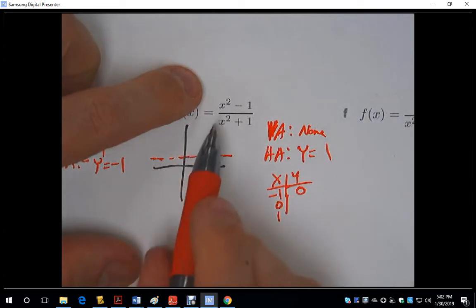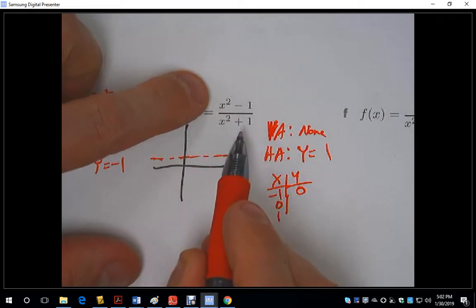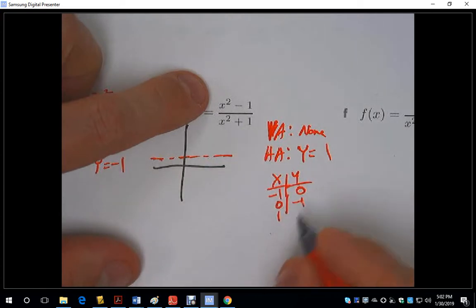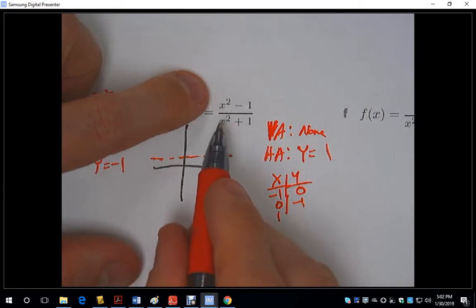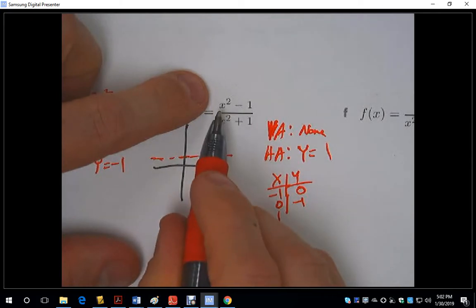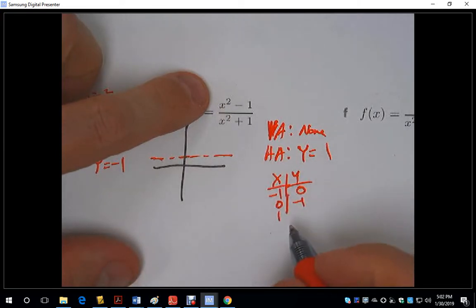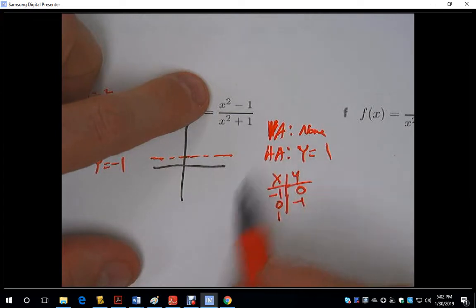If I plug in 0, then I get 0 for my x squared. So that's going to give me negative 1 over 1, which is negative 1. And if I plug in 1, let's do the numerator first. So I have 1 squared, which is 1, minus 1, which is going to give me a 0, and 0 over 2 is going to give me a 0.